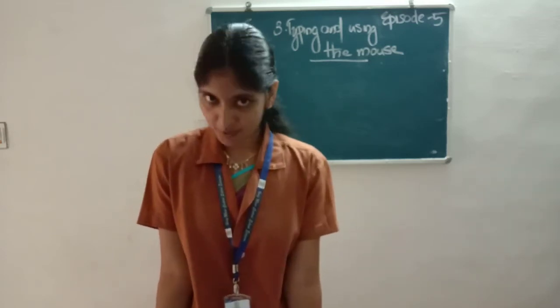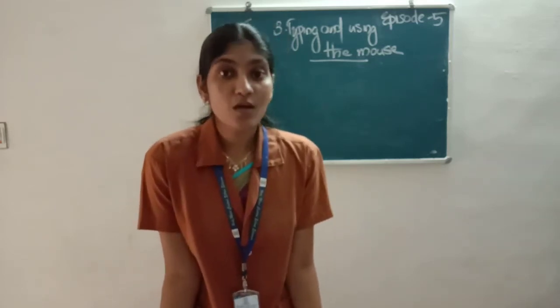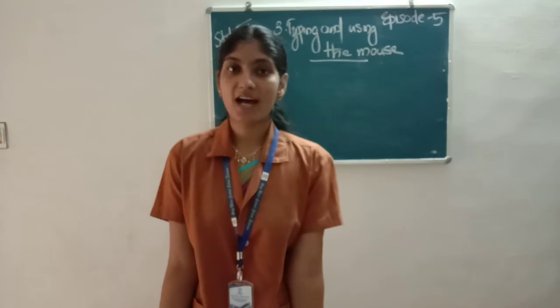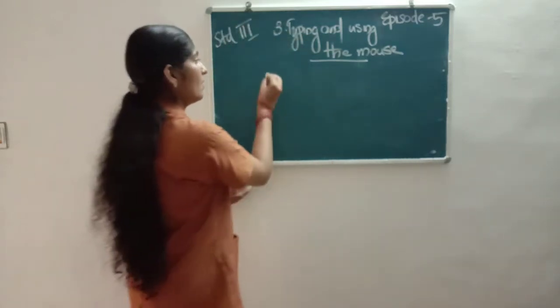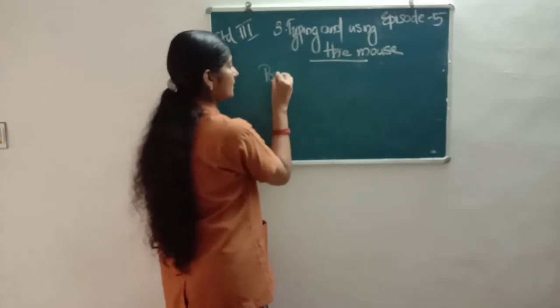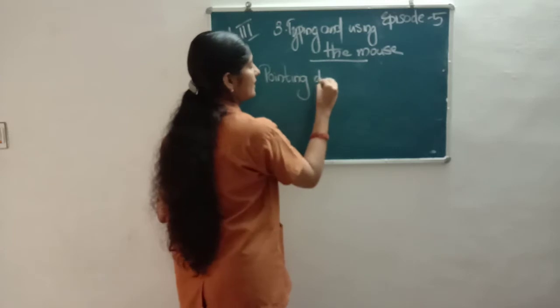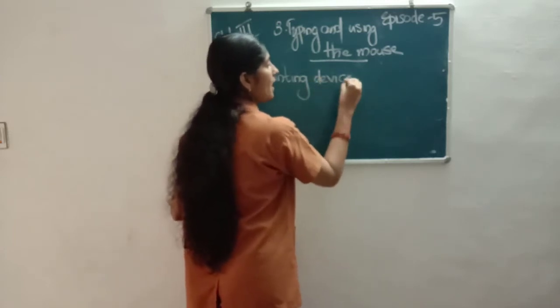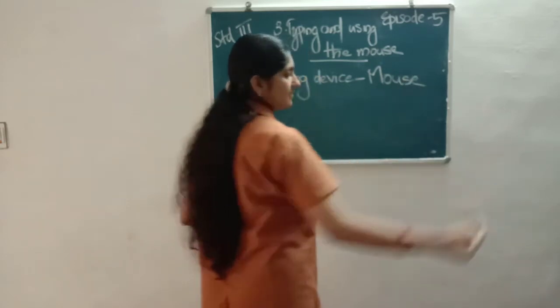It is an input device, and also we can say that it is a pointing device. So the mouse is a pointing device. Which is the pointing device? Example, mouse.